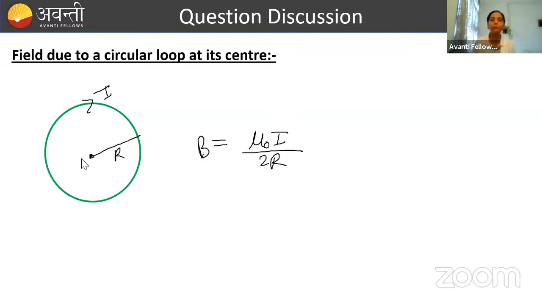And how will you find out the direction of magnetic field here? So if current is flowing in a loop, कोई भी loop हो, be it a triangular loop, be it a circular loop, be it a square loop, whatever kind of loop it is, to find the direction of magnetic field, you simply take your right hand, curl your fingers in the direction of current.